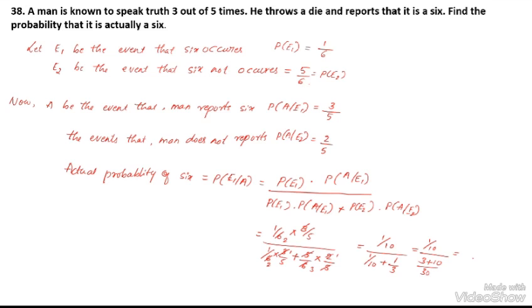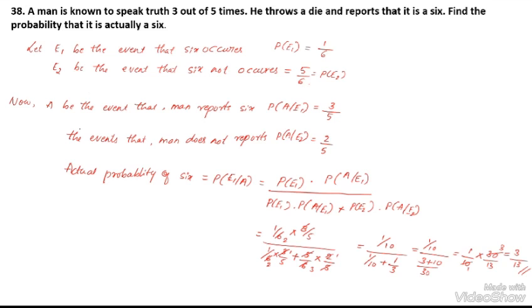While taking the cross multiplication, it becomes 1 by 10 into 30 by 13, which is 3 by 13. Out of 13 times, he said the truth that it is 6. That is actually 6. Up to this much, part C is completed.